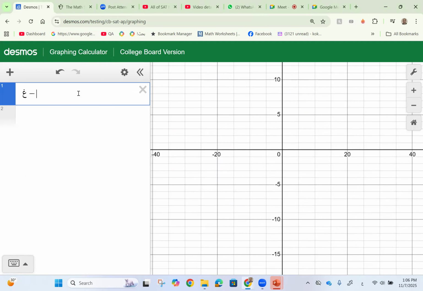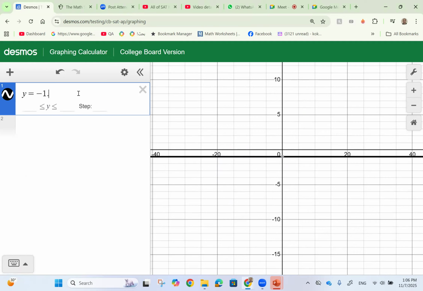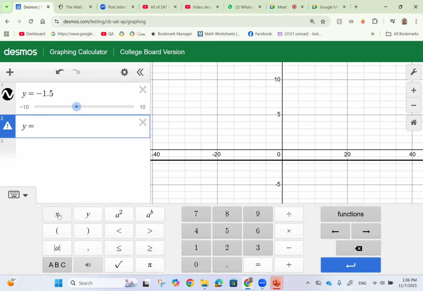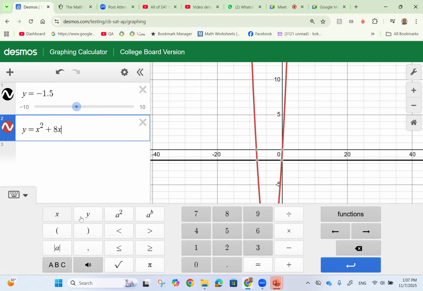I'm trying to solve it with you in Desmos by writing y equal to negative 1.5, and the other equation, y is equal to x squared plus 8x plus a.